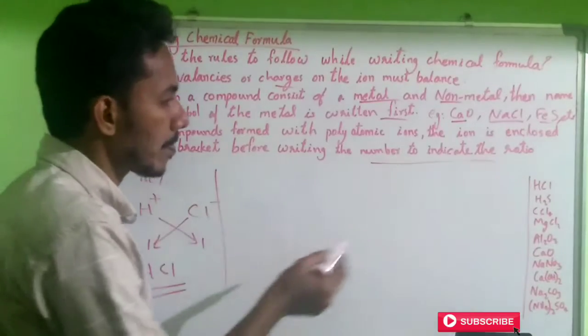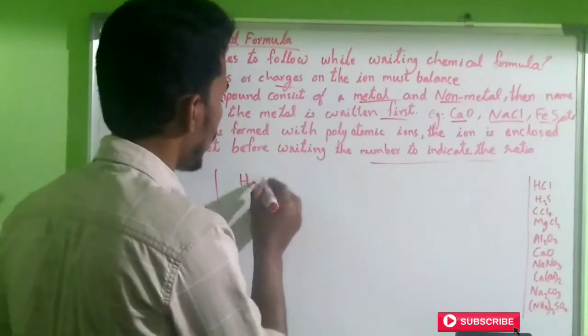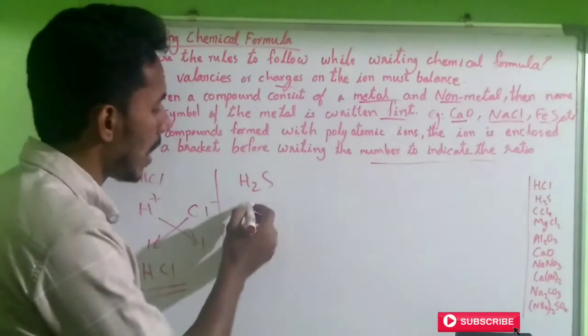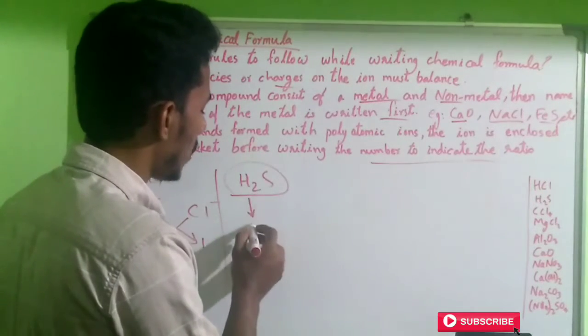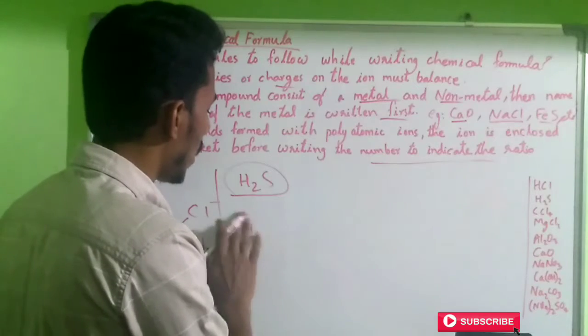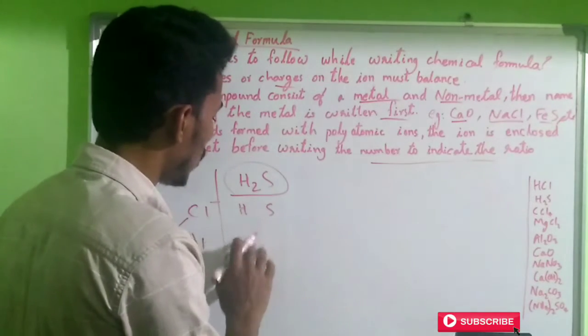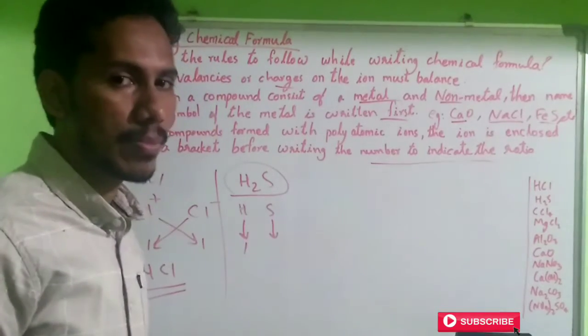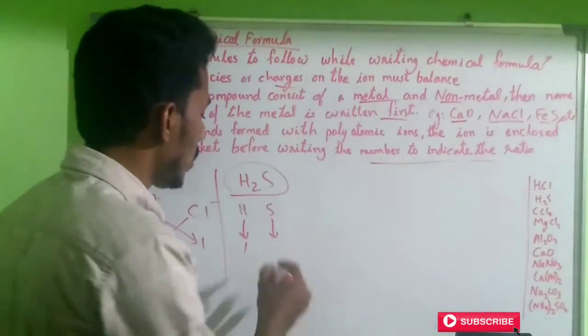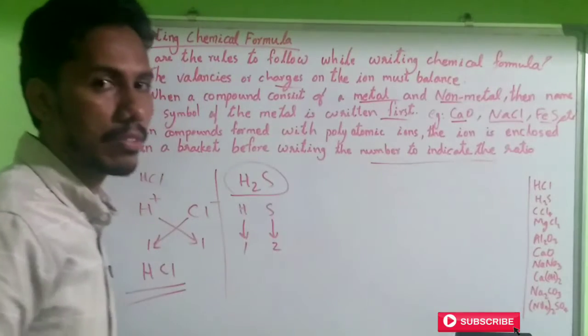Second one, H2S. What is the valency of hydrogen? It is 1. Valency of sulfur is 2.